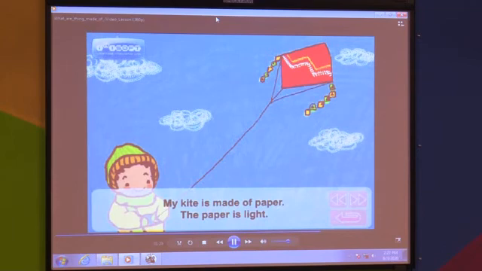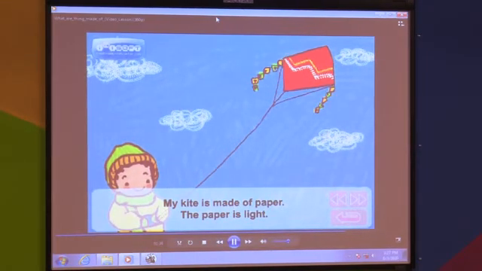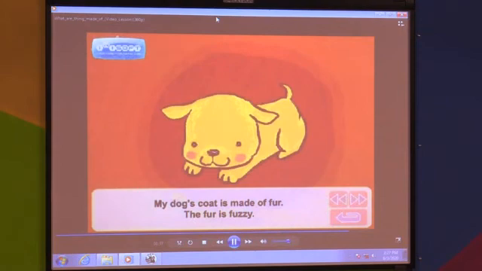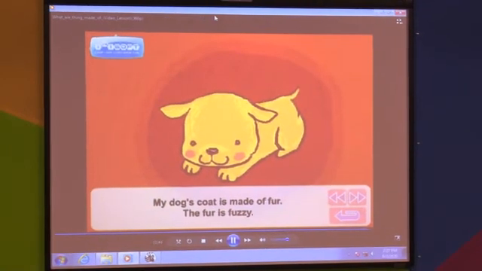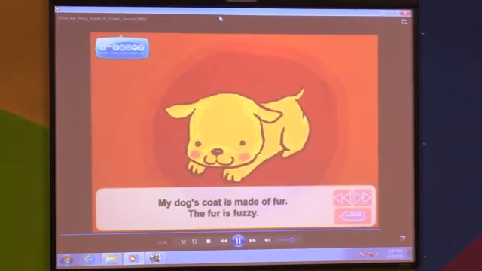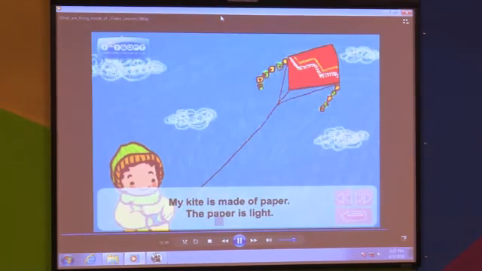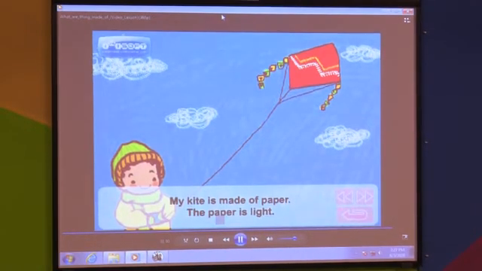My kite is made of paper. The paper is light. My dog's coat is made of fur. The fur is fuzzy. I like his fuzzy fur.